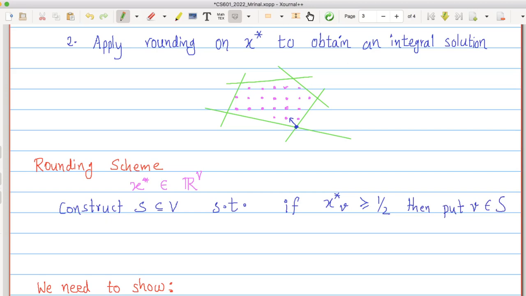And otherwise, if this coordinate x star v is less than half, strictly less than half, then we don't put v in S, right? So that's how we construct our set S.